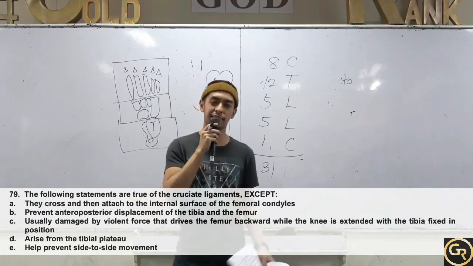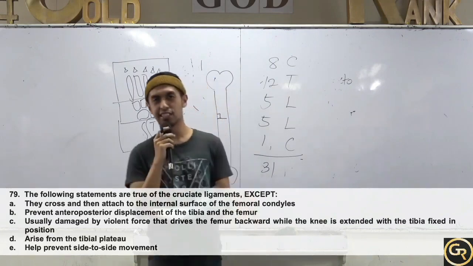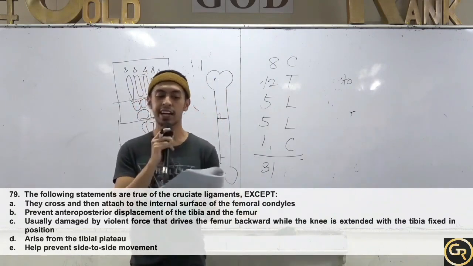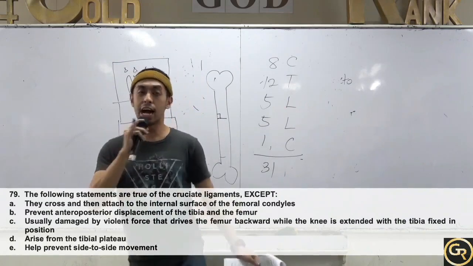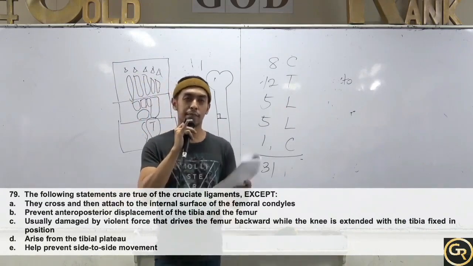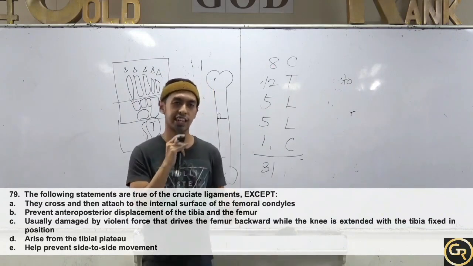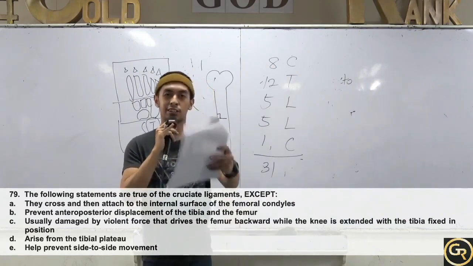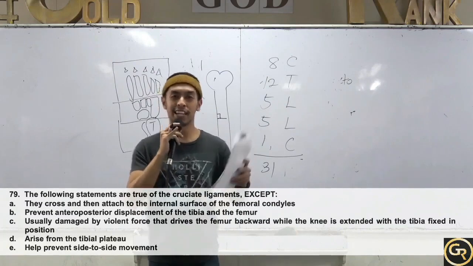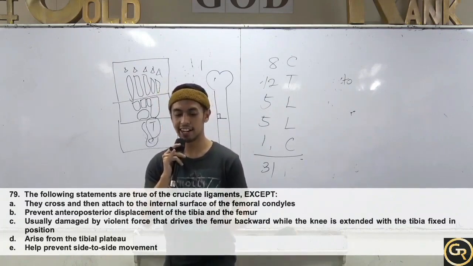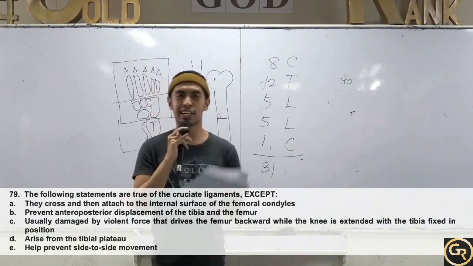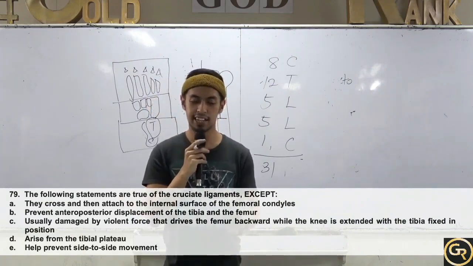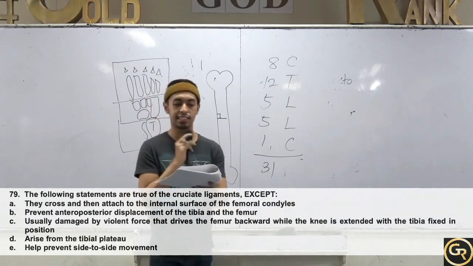It's not extended, it should be flexed. Yes, it can be damaged with hyperextension of the knee, but in a closed kinematic chain, if the patient's femur drives backward when the knee is flexed, with the tibia fixed in position, then your cruciate ligaments can be damaged. So it should be flexed, not extended.